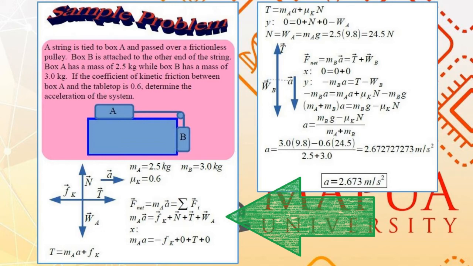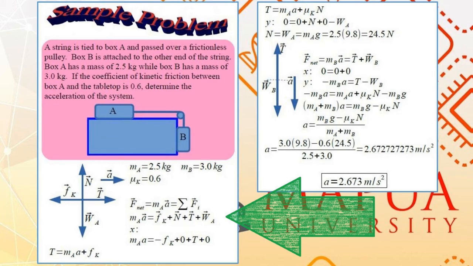Since A and B are tied together, they move together. If A moves to the left, B must move upward. If A moves to the right, B must move downward. Since B is being pulled downward by its weight, there's only one possible direction: A will accelerate to the right and B will accelerate downward.